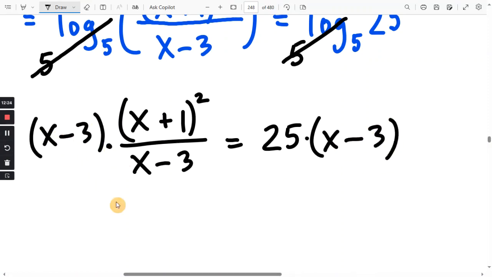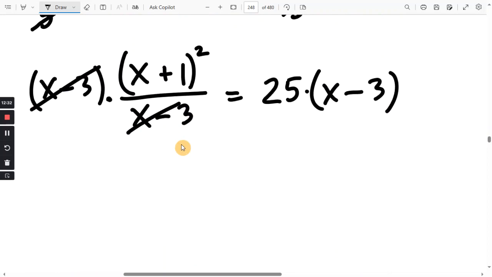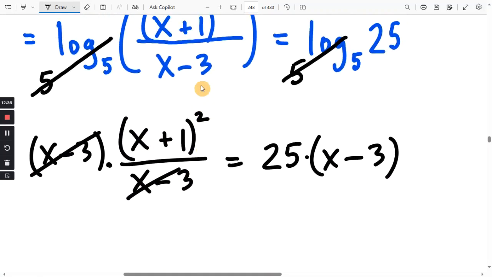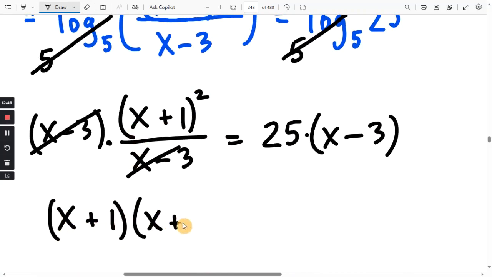All right, on the left-hand side, numerator divided by denominator, that's gone. And let's see. Really, I'm going to unpack the x plus 1 squared. I'll write it out. Some of you might be able to do this without writing it out, but I'm going to write x plus 1 twice because it's squared.